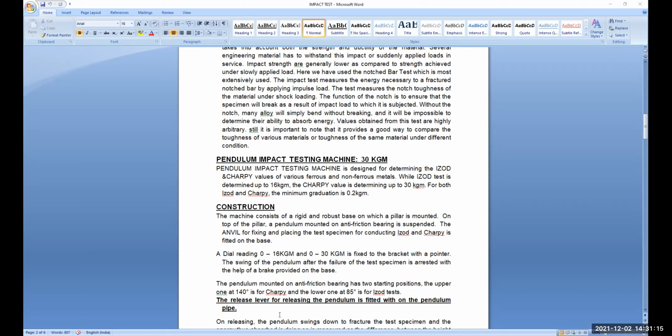So what do we have in the machine? A machine pillar. Over the pillar, a pendulum is mounted on anti-friction bearings, over which it can swing. And we have the anvil fixed on the base for holding our test piece. We have a dial that gives us a reading of 0 to 16 kg meter and 0 to 30 kg meter, the first for Izod, the second for Charpy.